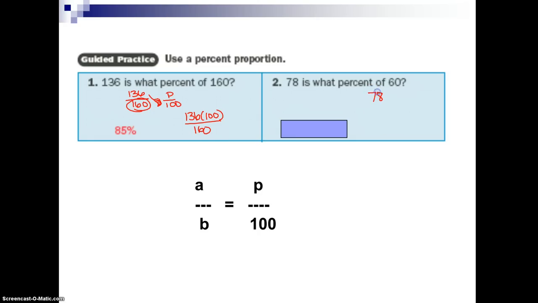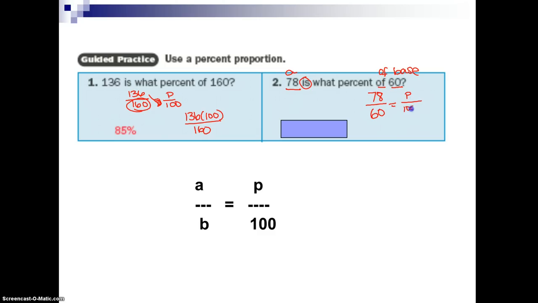For number 2, in this case, when they say it like this, this is actually your A. I always remember that it's the A because it's always next to the "is" sign, where the "of" and then it's the base. So if you can try to remember "of base," that should work too, because in this case you actually have the higher number as your part of the base and the lower number as your base.